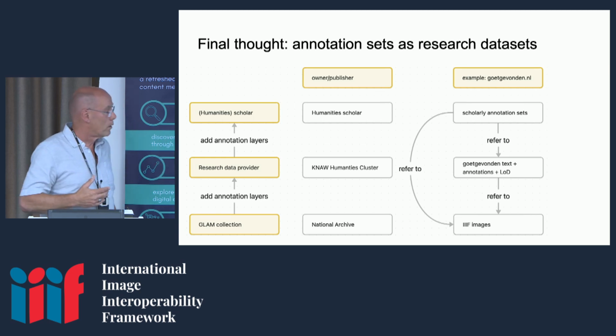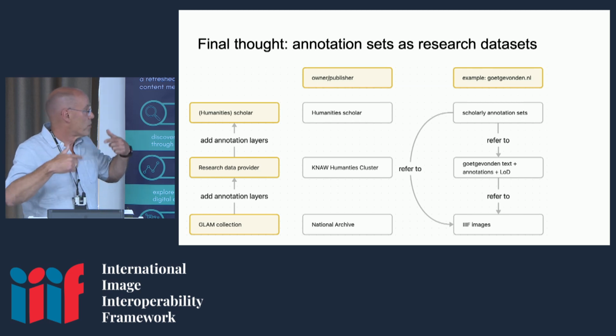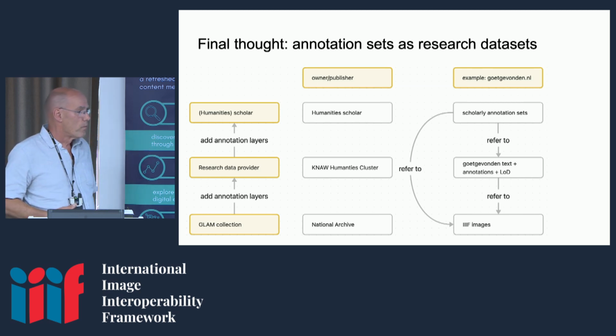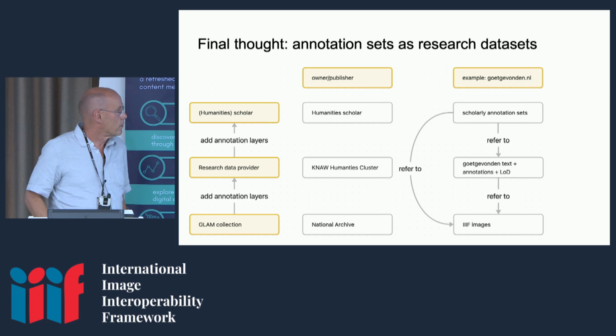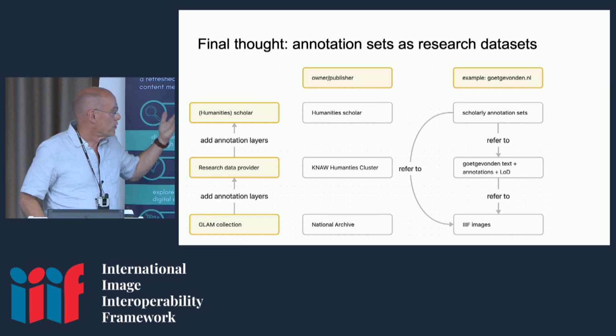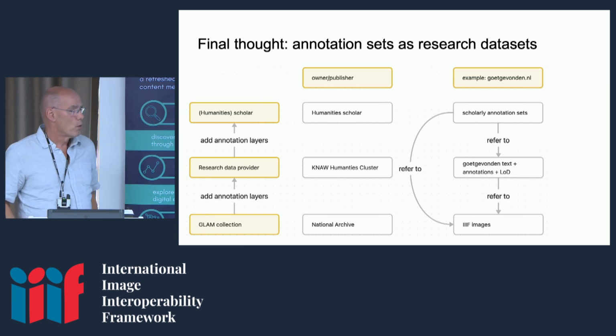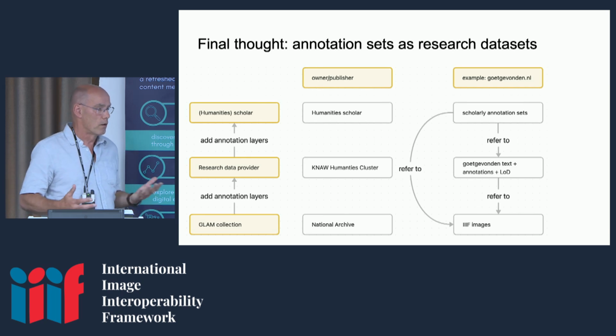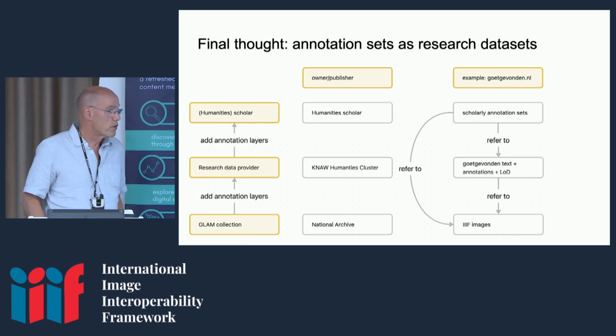And they take responsibility for their own annotations. And our hope is that this, especially this last step, will inspire people to deal in new ways, to collaborate in new ways around collections that are published.